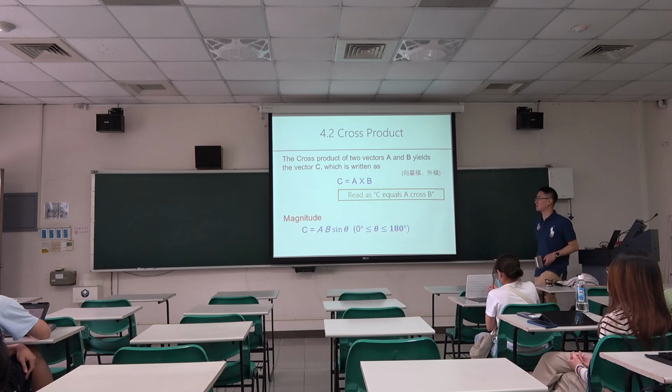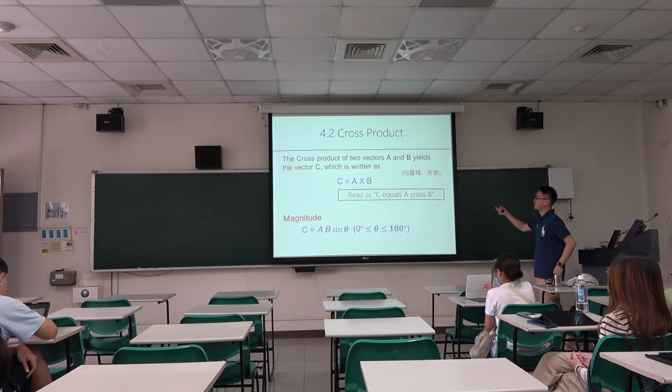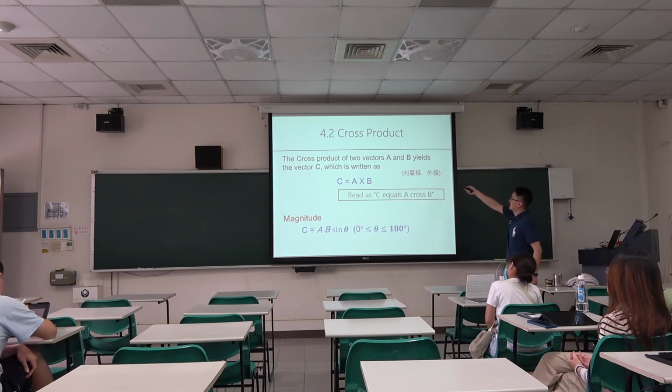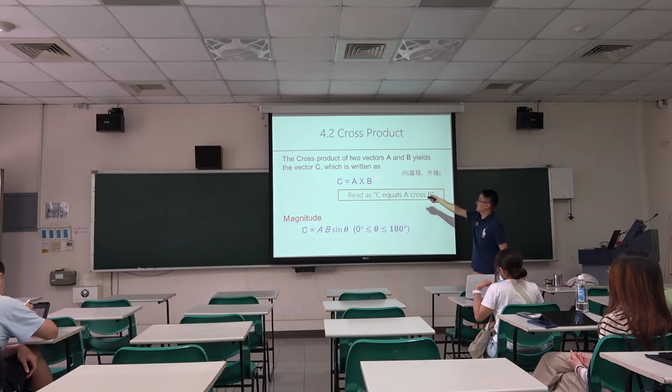But right now we work out the cross product. The cross product takes two vectors and gives a third vector. A cross B gives us a vector C.